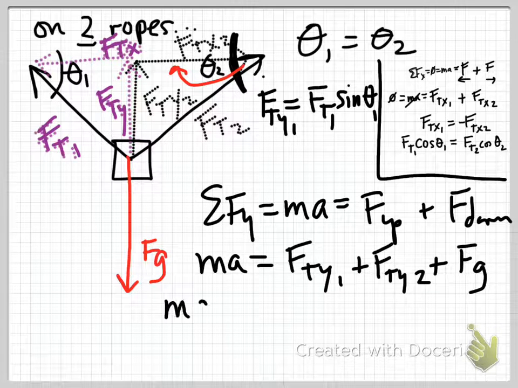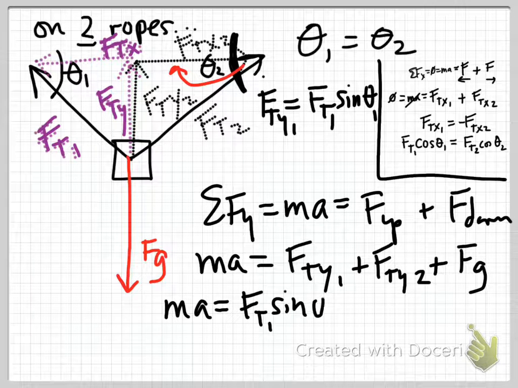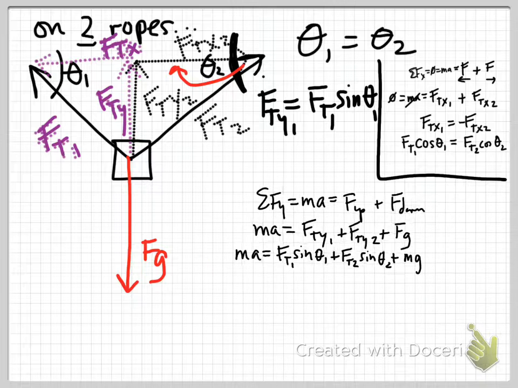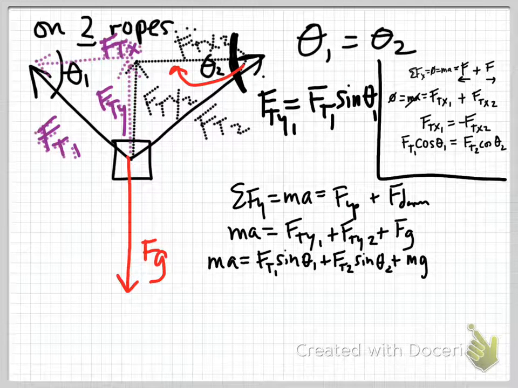So here what we have is that the mass times acceleration is equal to FT1 times sine theta 1 plus FT2 sine theta 2 plus, what's FG equal to? Mass gravity. So at this point, we're down to just a few variables. We're down to mass, acceleration, gravity, and force of tension. And force of tension is what we want to solve for.